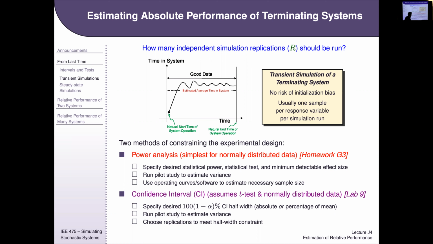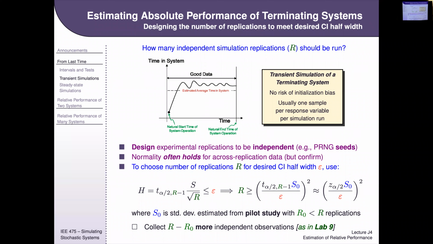This bound on the half width is a convenient way to get at something very similar to power without formally having to calculate power. It's a very practical way to do things, especially in simulation. The way we do that is you design your replications to be independent.